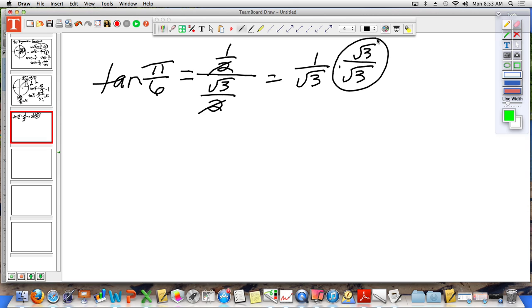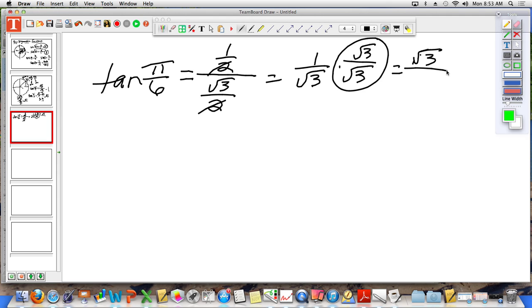If you multiply by 1, you are not changing the value of the original expression. All right, let's clean this up. What is 1 times the square root of 3? It is the square root of 3. What is the square root of 3 times the square root of 3? Square root of 9. What is the square root of 9? 3.